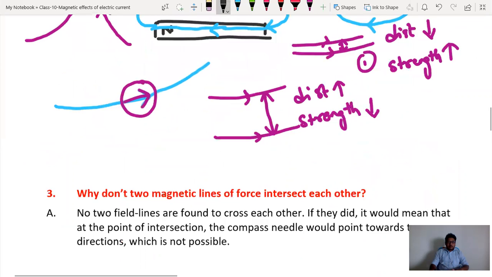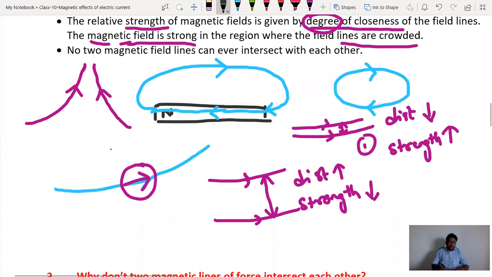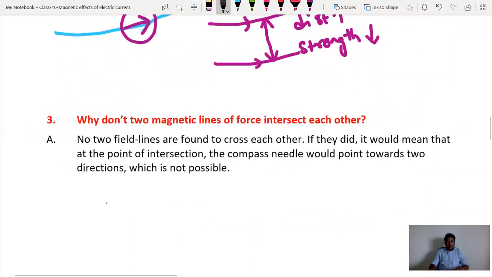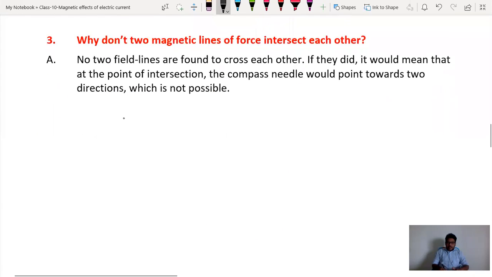Next, why don't two magnetic lines of force intersect with each other? Here we have discussed, if you have a magnetic field line, it will not intersect. Why? Because consider we have one magnetic field line which is flowing like this, and another field line flowing like this.